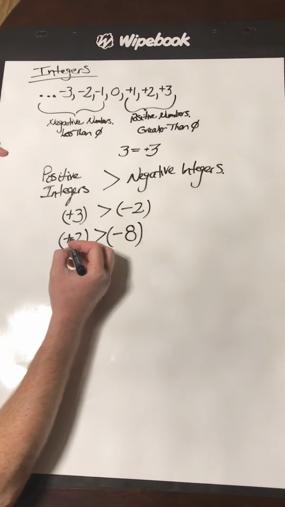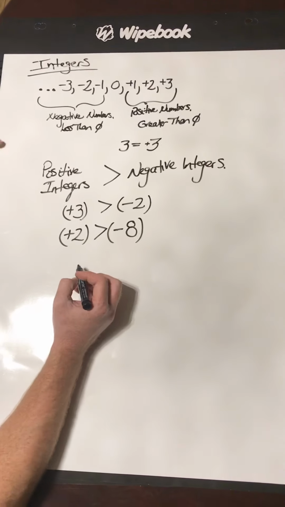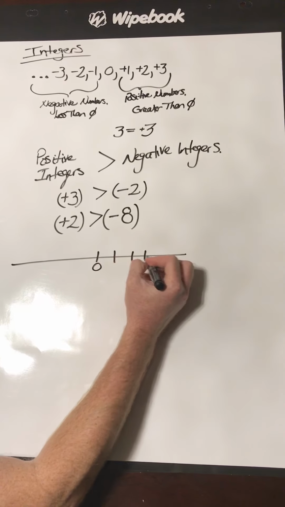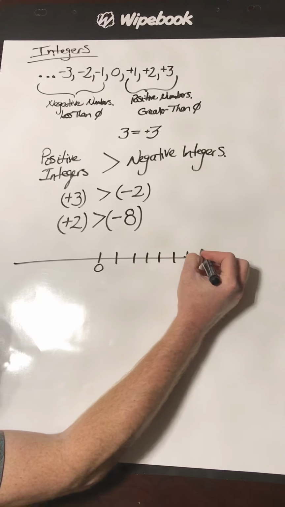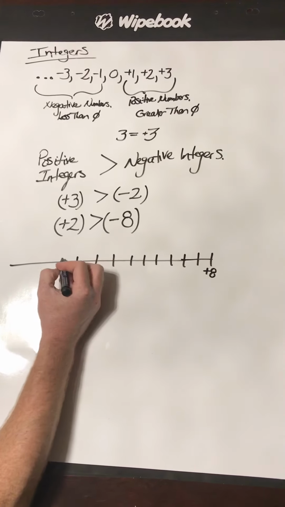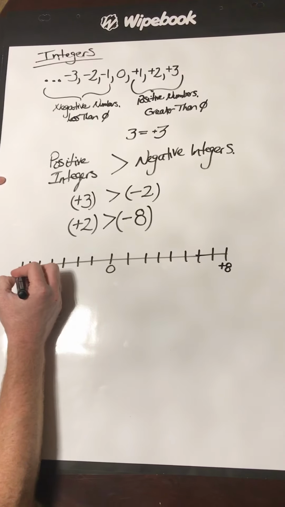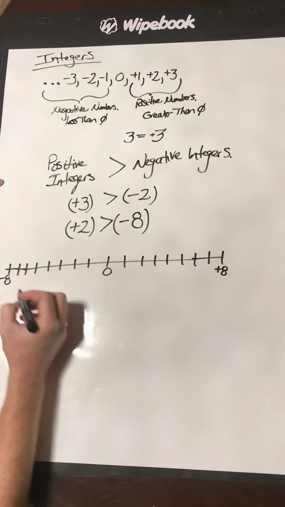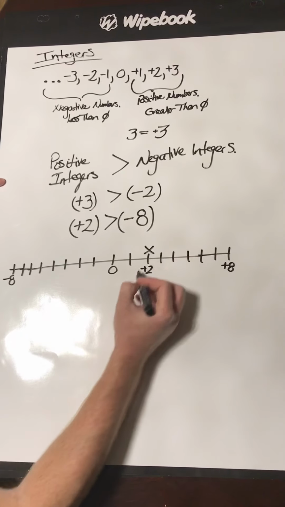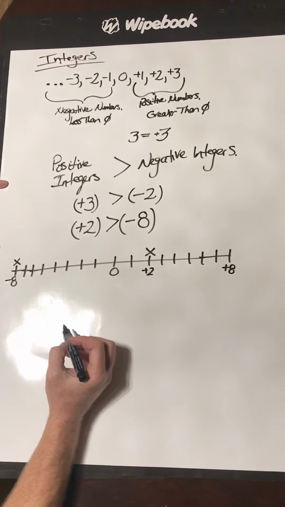Even though 8 is greater than 2, we have this negative sign in there. If we use a number line, there's positive 8 over here and a negative 8 here, so this would be positive 2. We can see that positive 2 is greater than negative 8.